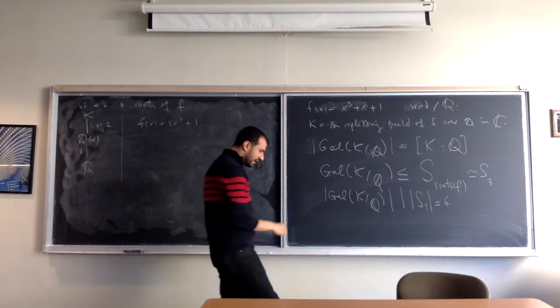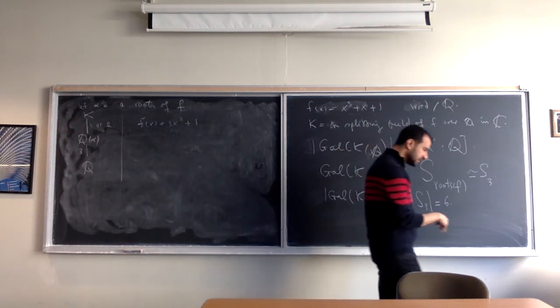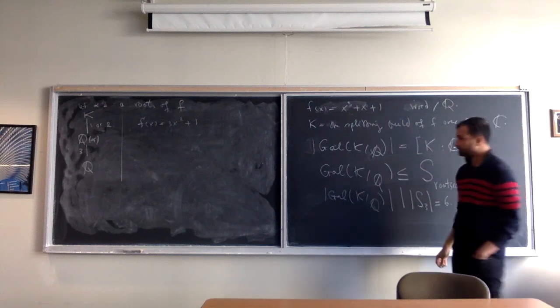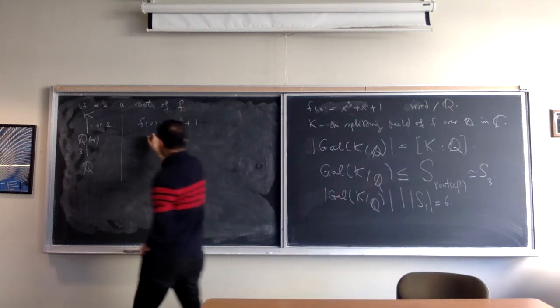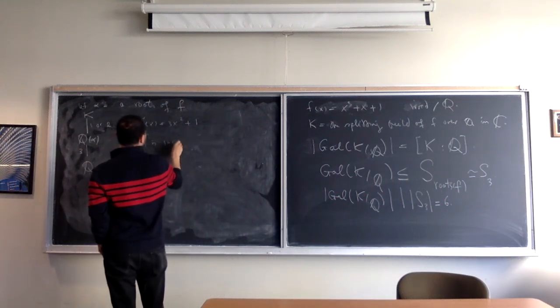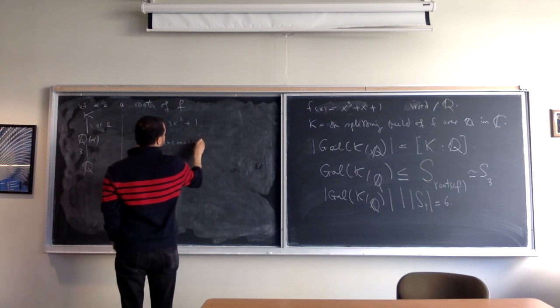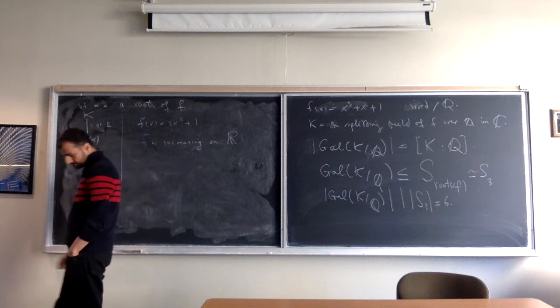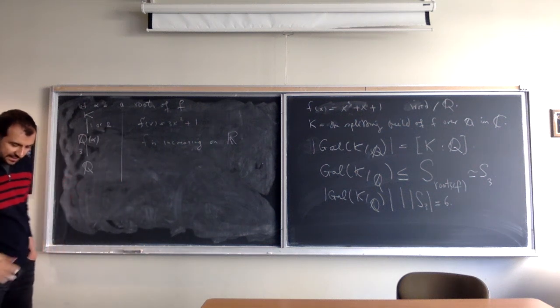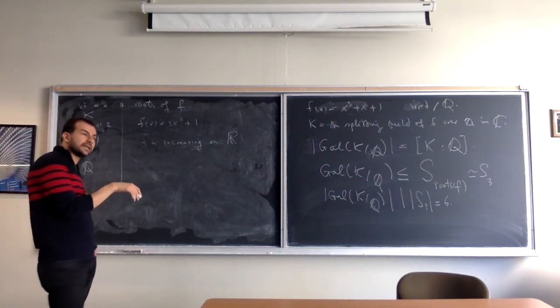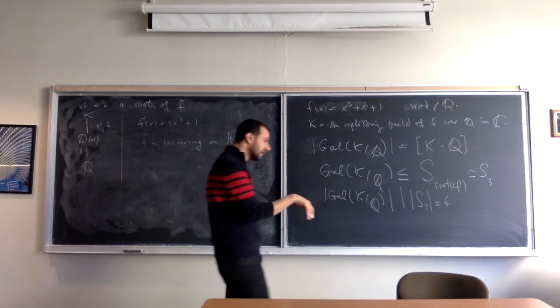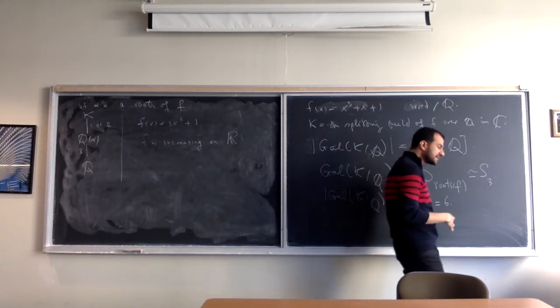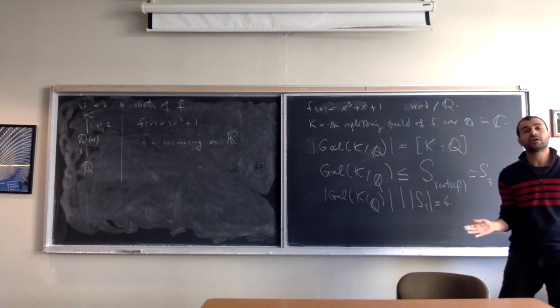The derivative is positive on all of the real numbers, so f is increasing on the real numbers. We already knew that it has at least one real root, but because it's increasing, it can't have more than one root.